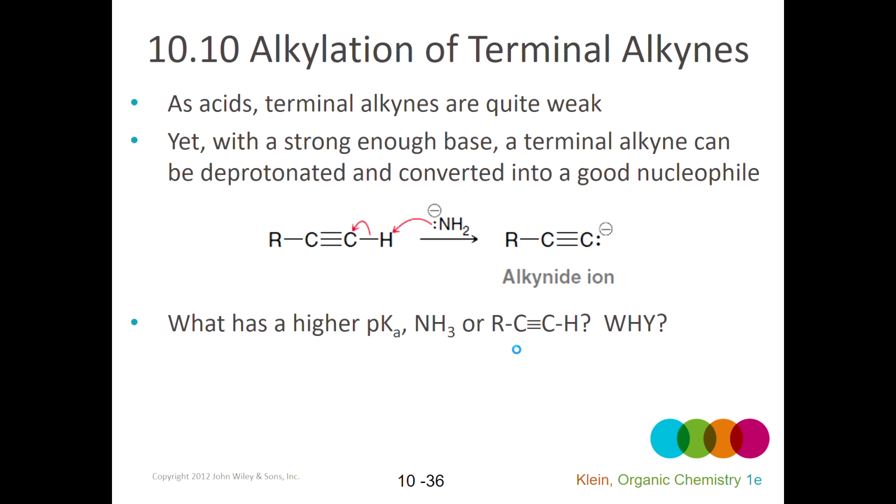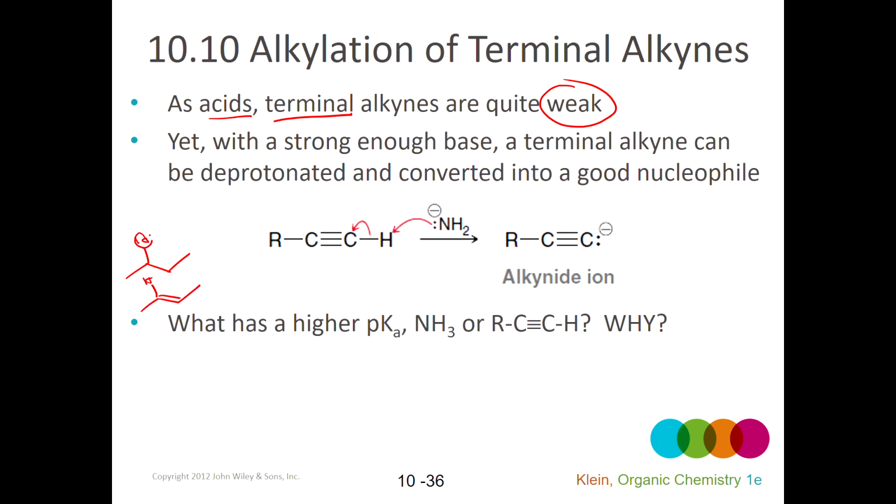Alright, so the last type of reaction we're going to look at for alkynes, which is unique to alkynes and doesn't really relate to anything we've talked about for other molecules, is the possibility of an alkyne reacting as a nucleophile. As we said when we first started talking about alkynes on Tuesday, if I have a terminal alkyne, it is a very weak acid, but it's not nearly as weak as an alkane or an alkene.